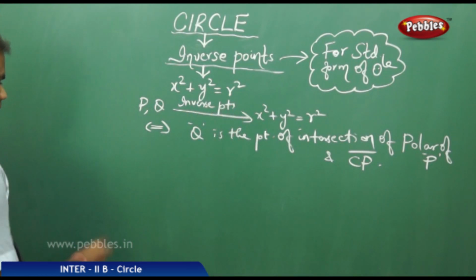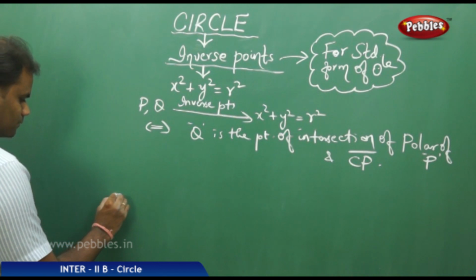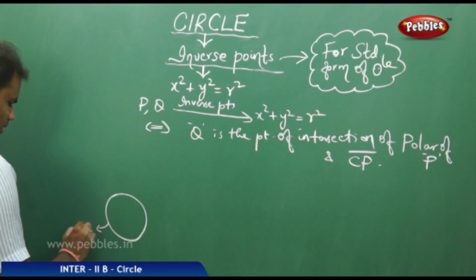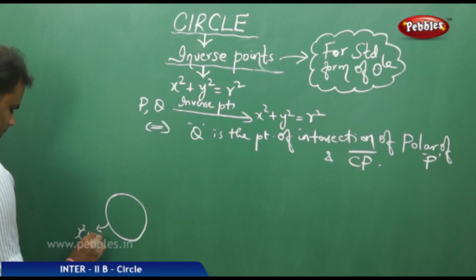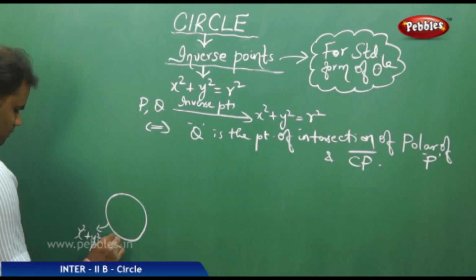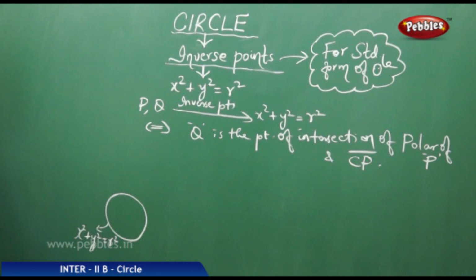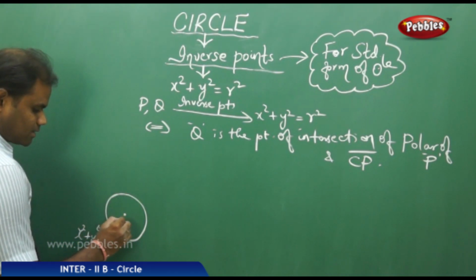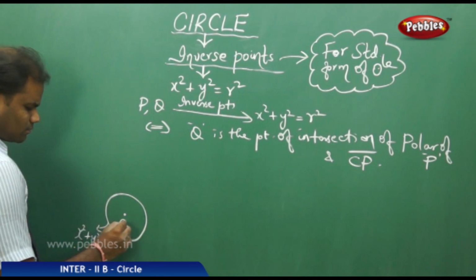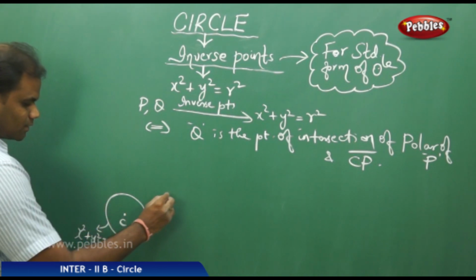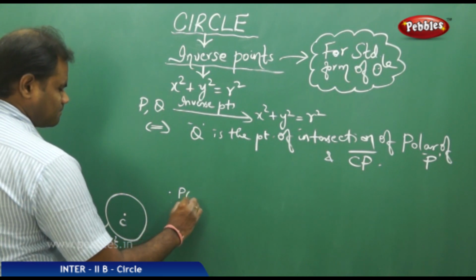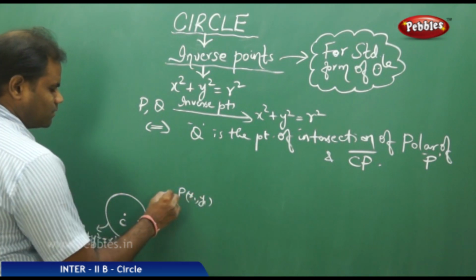So let's see with the diagram. Suppose I have a circle x squared plus y squared equals r squared. Now for this standard circle, the center being origin, I take the center C and I take the point P somewhere here.